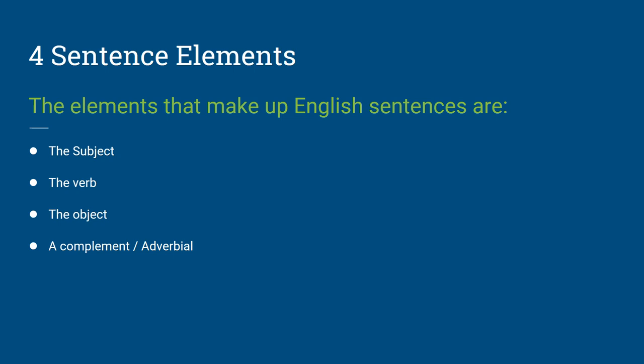The subject will tell us who, while the verb tells us what it is or they are doing. The object will let us know who they are doing it to, and added information or complementary information will be the complement and the adverbial.